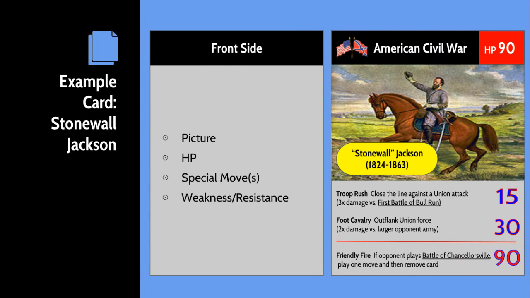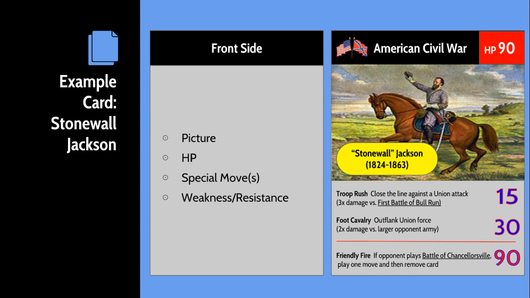We also gave him 2 special moves, and each one does extra damage against other particular cards, as well as a weakness or resistance. And so this would be a weakness to the Battle of Chancellorsville because we know that Jackson was shot by one of his own men following the battle.